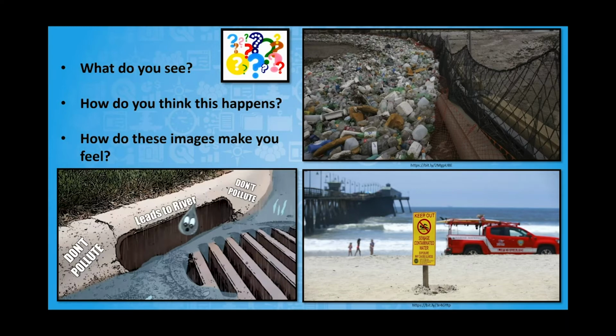I see our friend, that little raindrop, going down that gutter to the river. I also see lots of plastic piled up in a certain area. And I'm also noticing this sign at one of our local beaches in Imperial Beach saying that we need to keep out of the water because it's contaminated.